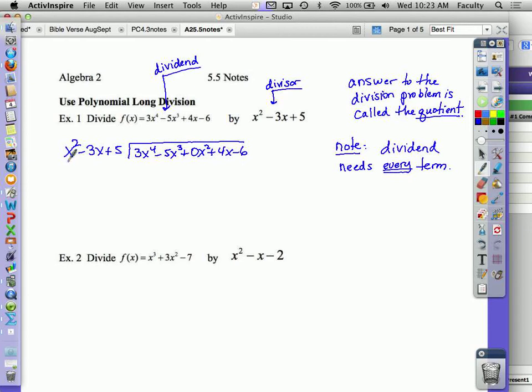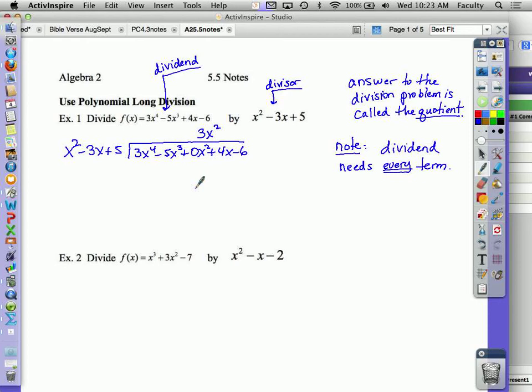So I asked myself, just x squared, not the other terms, x squared times what is 3x to the 4th? 3x squared. Now I'm going to line it up with the x squareds, okay? And then look back at the sideboard. We then said, okay, what is 3 times 6? 3 times 6 is 18.